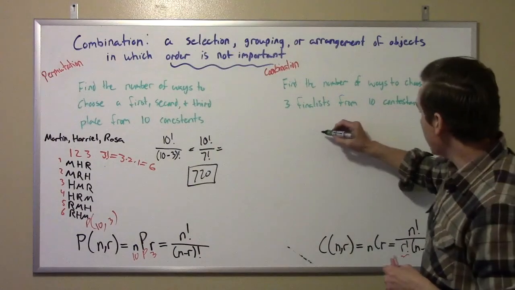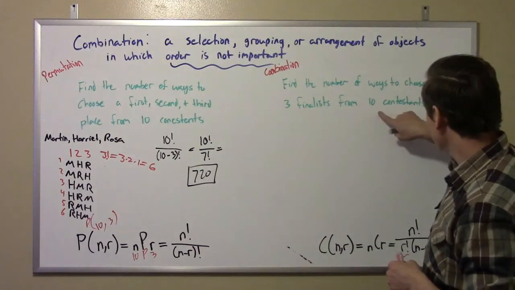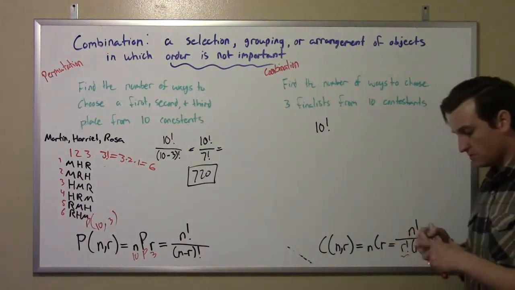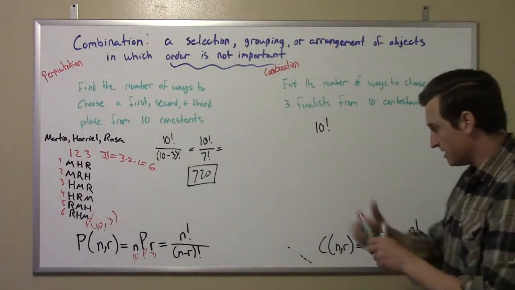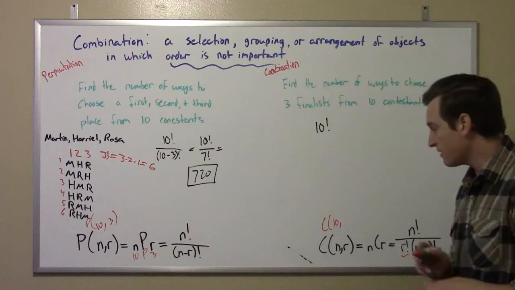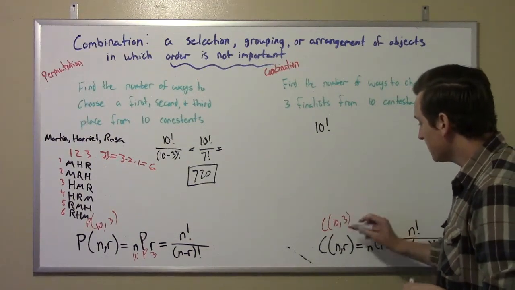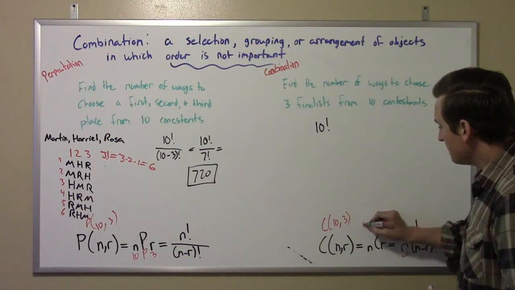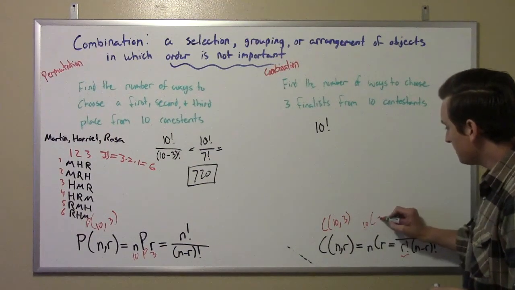Now we have 10 people to choose from. So we'll write it out here, just like we did down here. We want a combination this time. We have 10 people to choose from, and we want a combination where we take 3 at a time.